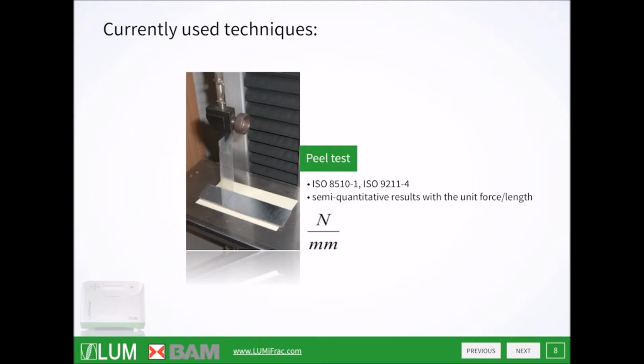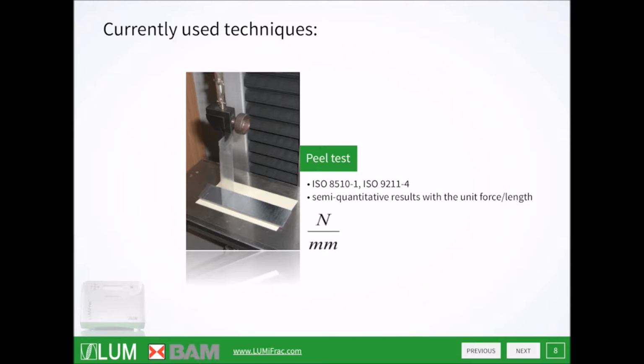One out of several semi-quantitative tests is the peel test. This test is used to test either bonding strengths of adhesives and adhesive tapes, or adhesive strengths of coatings, with the unit force per length, that is Newton per millimeter.